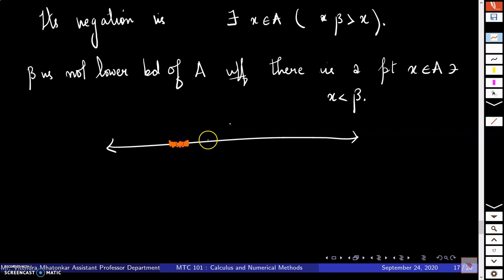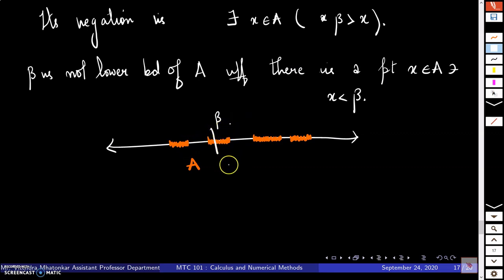Okay, so supposing these points which I'm marking in red are my set A, then if beta is not a lower bound of A, beta should lie somewhere here, not completely on that side, so that there are points of A which are less than beta.